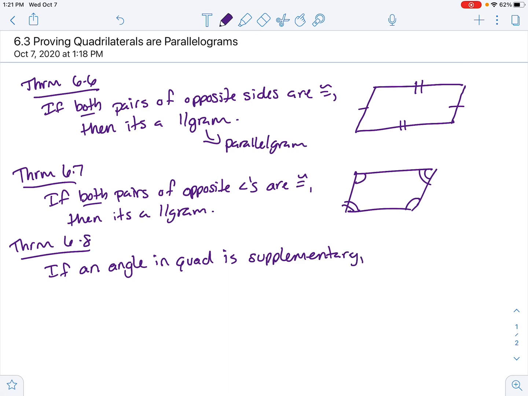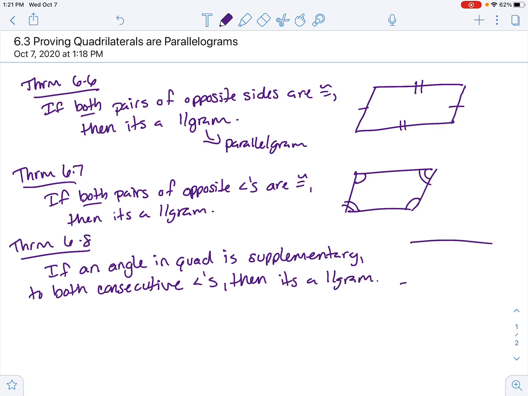Adds to 180, to both consecutive angles, then it's a parallelogram. Okay, so if I have that quadrilateral, four-sided figure, these are my opposite angles, they're both x. That means that this guy up here would have to be 180 minus x. It'd have to be supplementary to the other two angles.